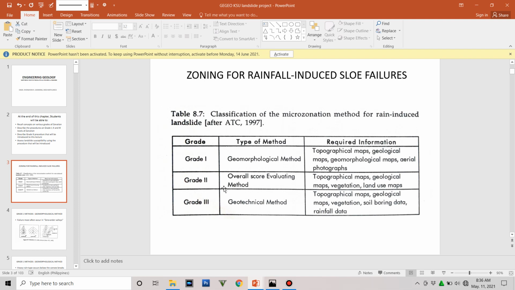Okay, so for the grade 2 level, this is a type of method wherein we use the overall score evaluation method. The required information: topographical maps, geological maps, vegetation, and land use maps.